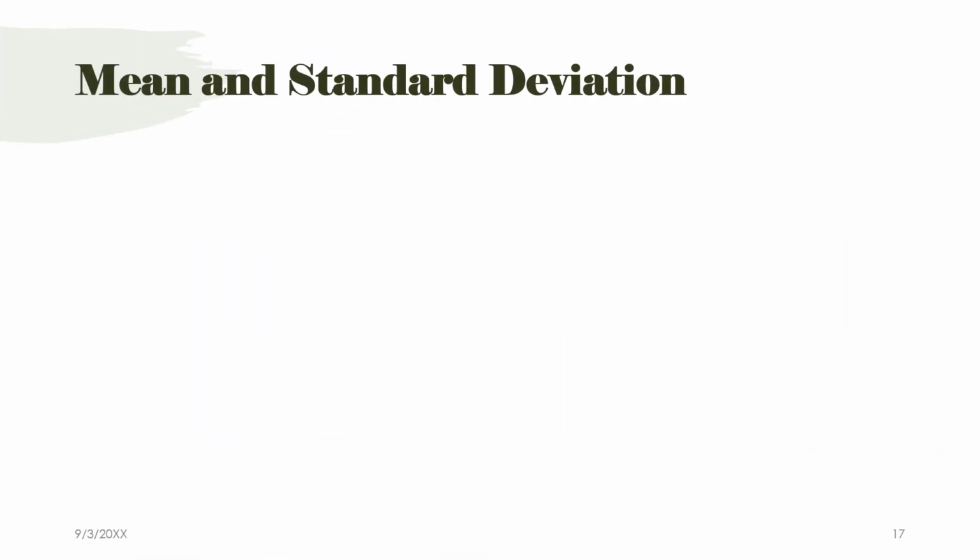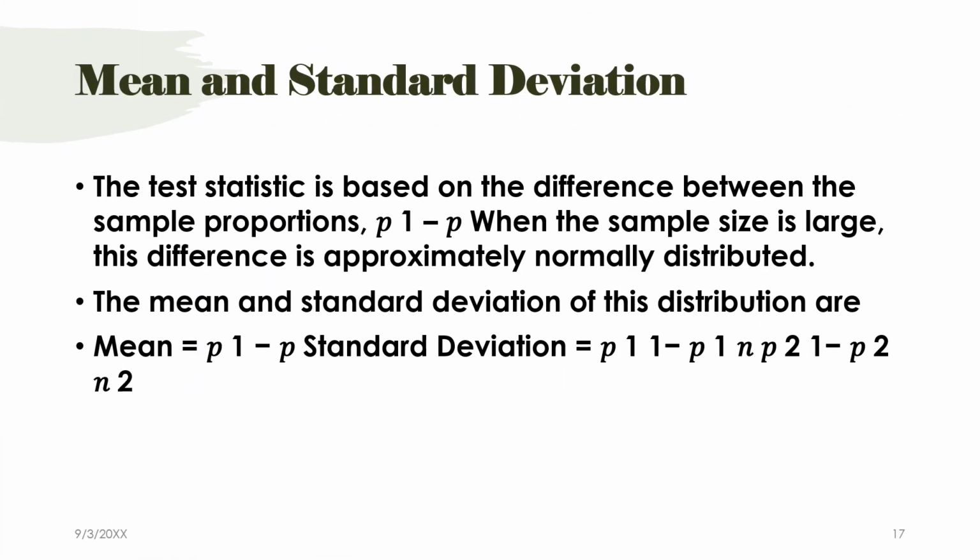Mean and standard deviation. The test statistic is based on the difference between the sample proportions, P1 minus P2. When the sample size is large, this difference is approximately normally distributed. The mean and standard deviation of this distribution are: mean equals P1 minus P2, and standard deviation equals the square root of P1(1 minus P1)/n1 plus P2(1 minus P2)/n2.